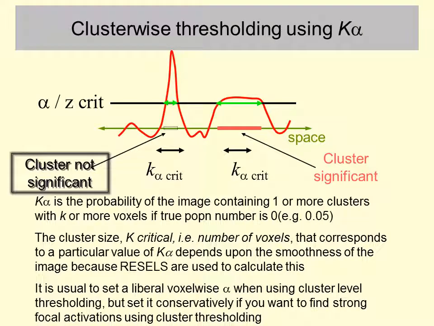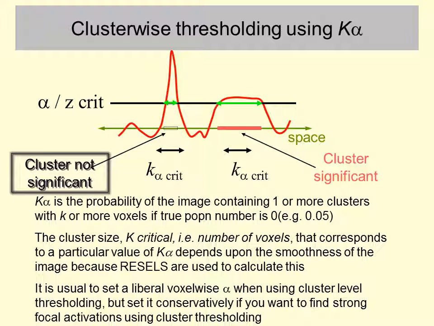Based on that critical value, this large cluster passes the threshold, but this smaller one doesn't. So using this method you might manage to reverse the pattern we saw on the previous slide. You might declare the other blob active, but not the one that was declared active on the previous slide.